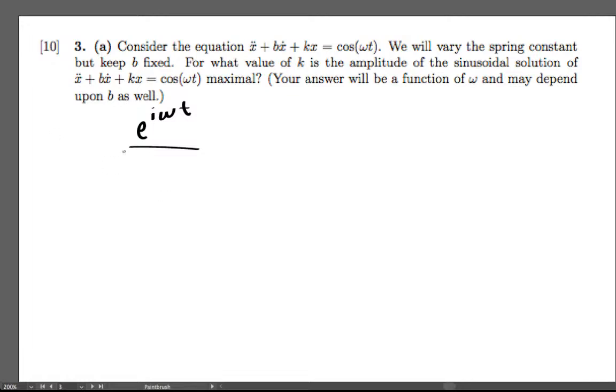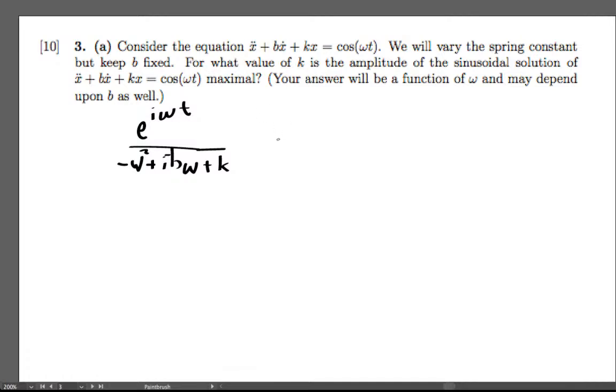You know what? Let's actually continue. Plugging i omega in for d squared, that would be negative omega squared plus i b omega plus k. Okay, we figured this out.